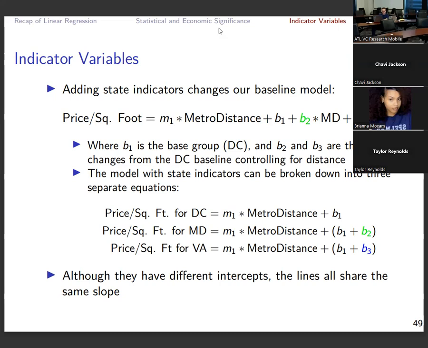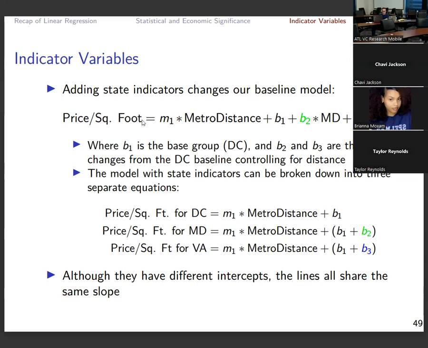Okay, good. So this equation should look familiar to you. This is the linear model that we've been working on. We've looked at price per square foot this morning and its relationship to the metro distance, and then we had an intercept term. We've done that regression.